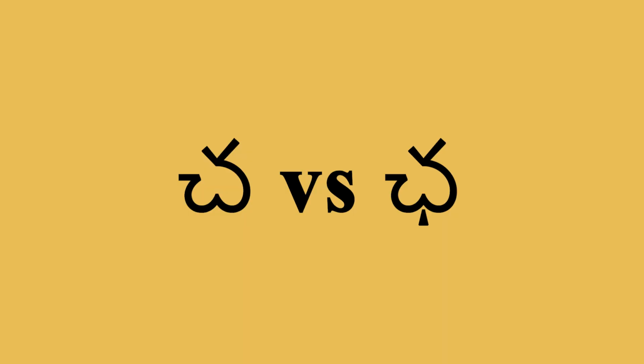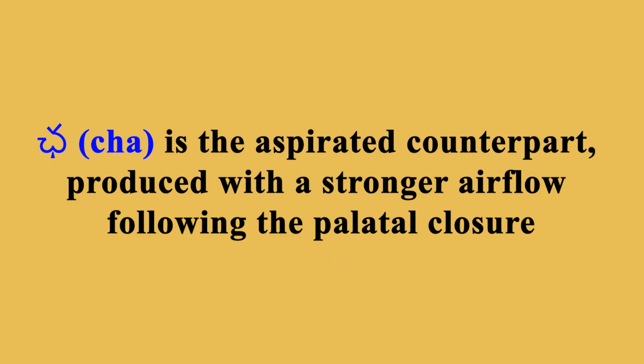Similarly, we have Cha and Cha. These represent voiceless palatal affricates. Again, Cha is the aspirated counterpart produced with stronger airflow following the palatal closure. These pairs demonstrate the phonemic contrast that is a key feature of Telugu phonology.